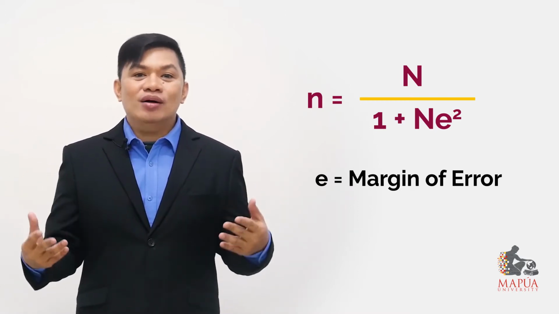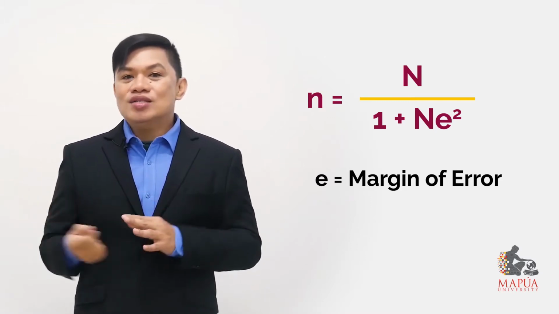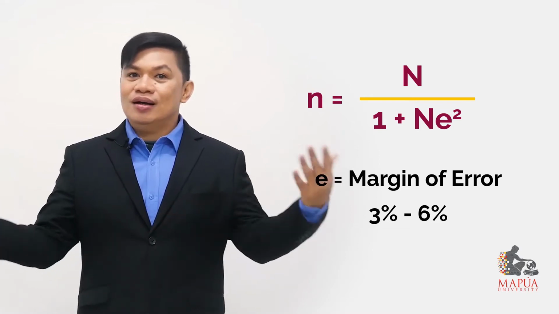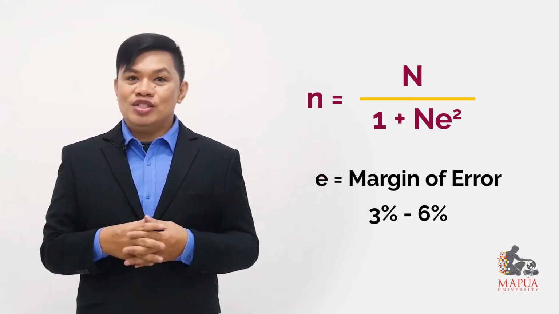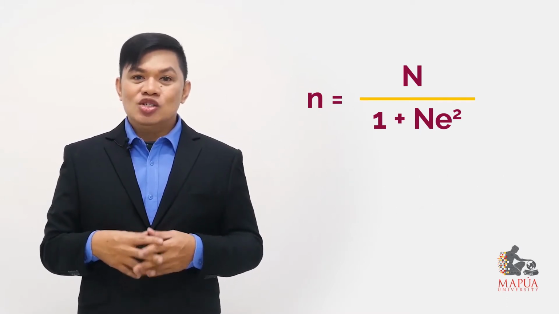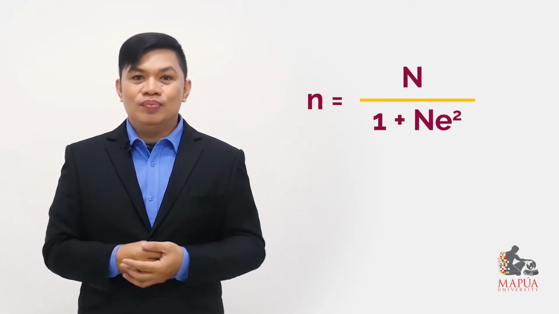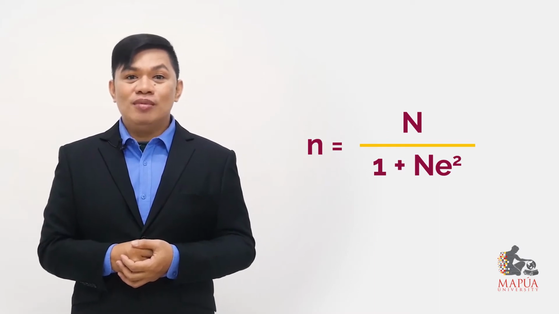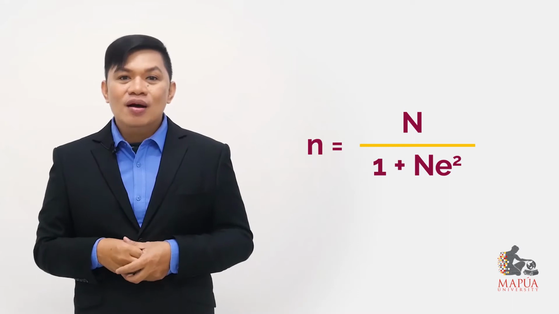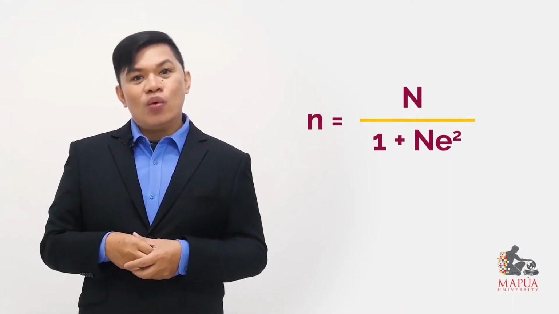Usually they mention a margin of error ranging from 3% to 6%. And that's the standard value of the margin of error. Usually it's 3% up to 6%. So all you need to do is to supply this information in the formula. As I mentioned, it is N over 1 plus N e squared.